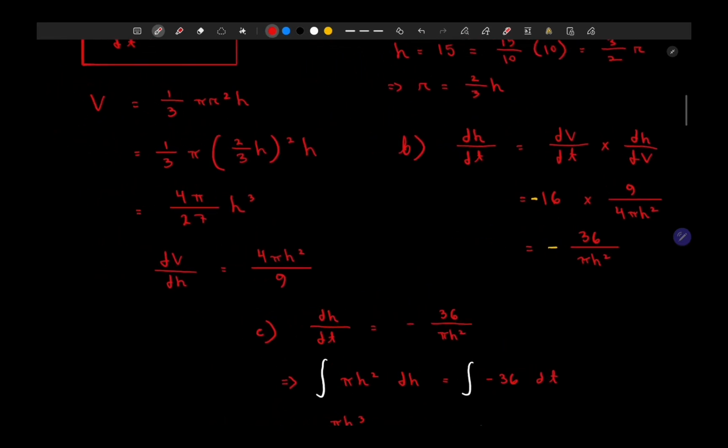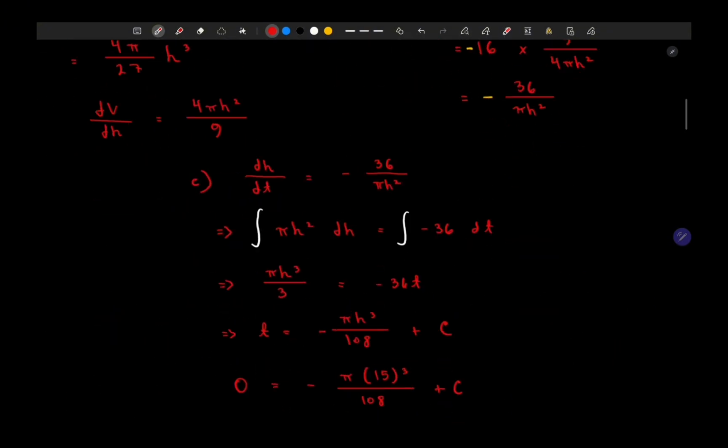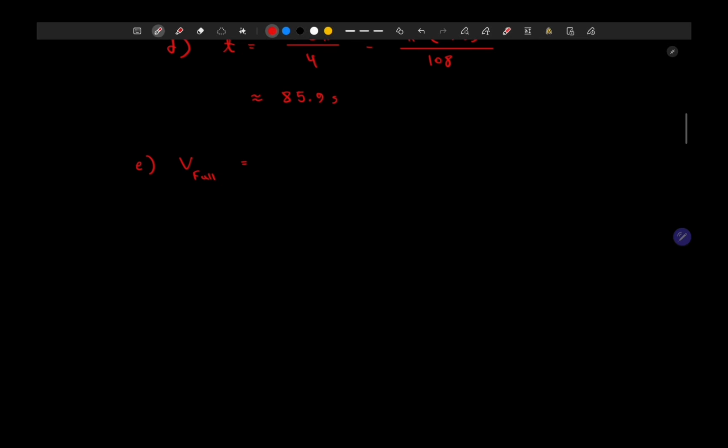Yep, we have an equation for volume that is 4 pi h cubed over 27. So initially the height was 15. So that's 4 pi 15 cubed over 27. So this is the full volume.